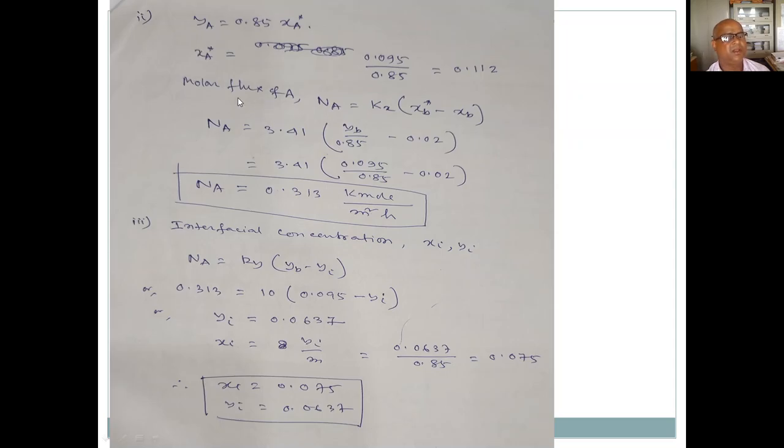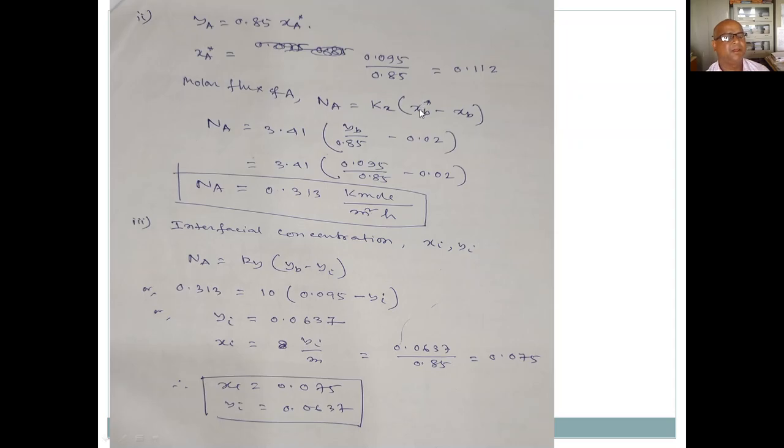I will calculate the flux N_A equal to capital K_x, which is known to me, times (x_B star minus x_B). x_B is known to me, that is 0.02, the bulk concentration in the liquid, and x_B star will be the equilibrium value. Whatever the gas phase concentration Y, the corresponding equilibrium value will be there.